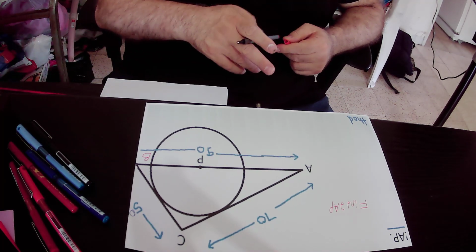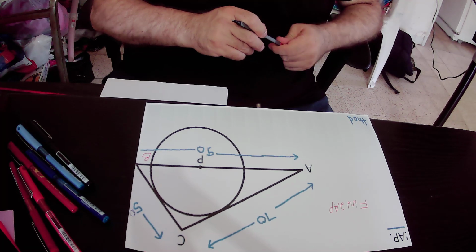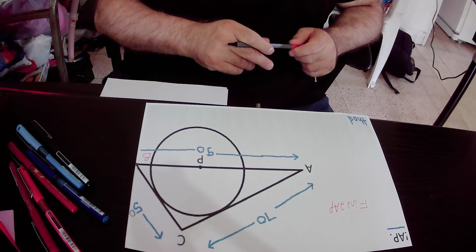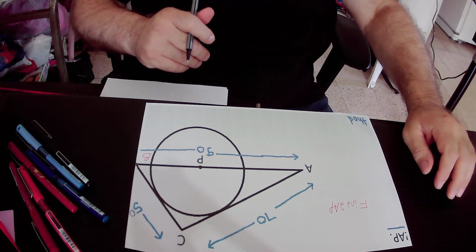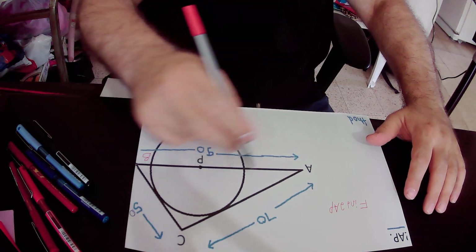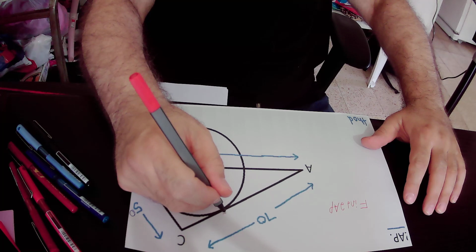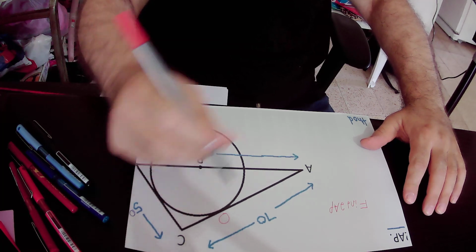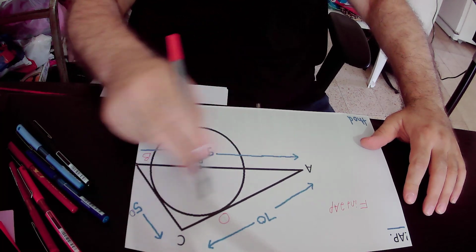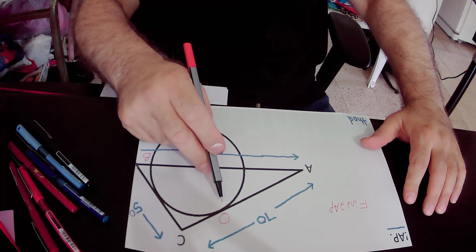Side AC of the triangle is tangent to the circle at a point that we will call point O. Again, side AC of the triangle is tangent to the circle at point O.